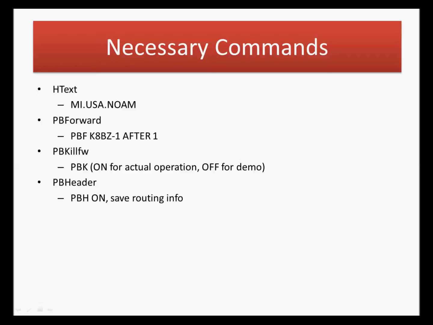Header for packet radio forwarding purposes means the forwarding route, or the forwarding list, the list of stations that have handled this message in the automatic forwarding process. Now, we want the PB header command turned on. That saves the routing information for each station that forwards a message as it goes through the automatic forwarding process.